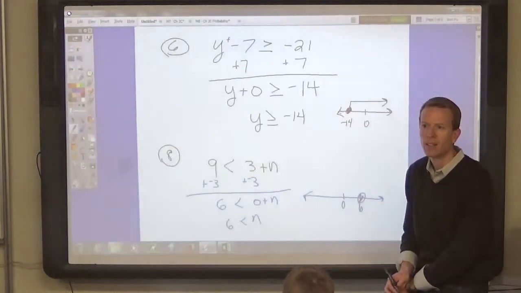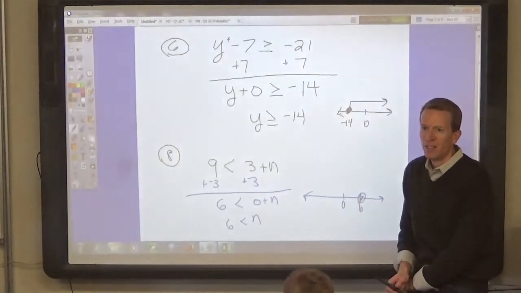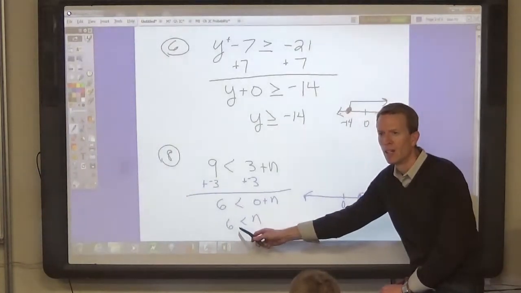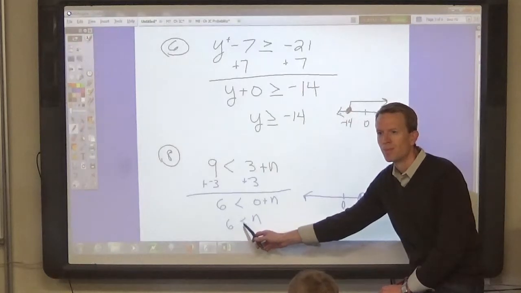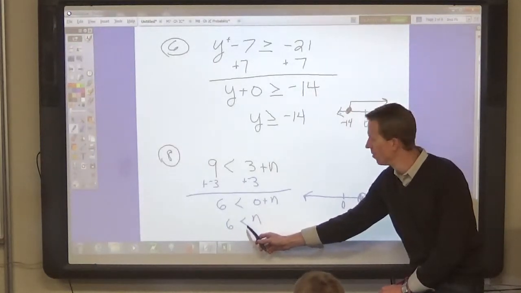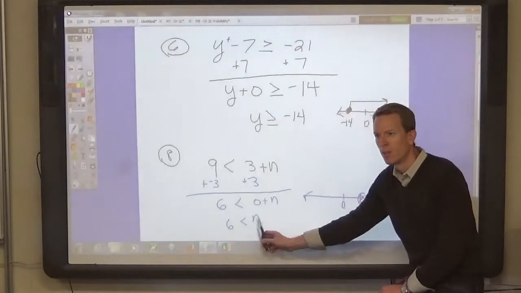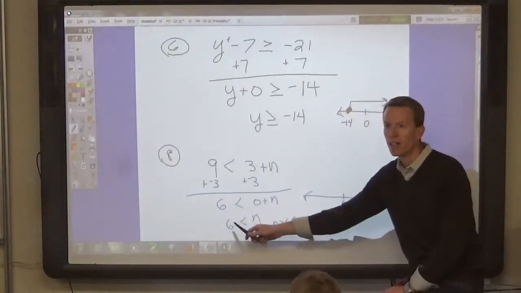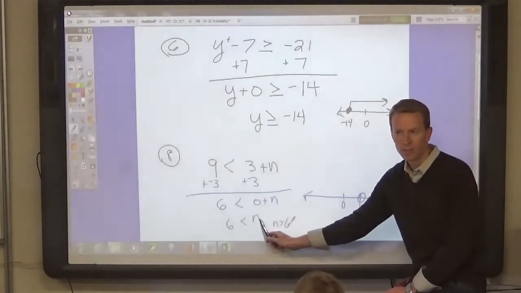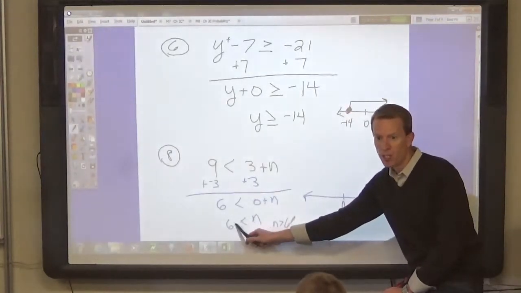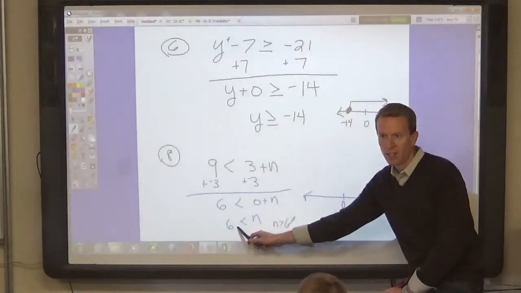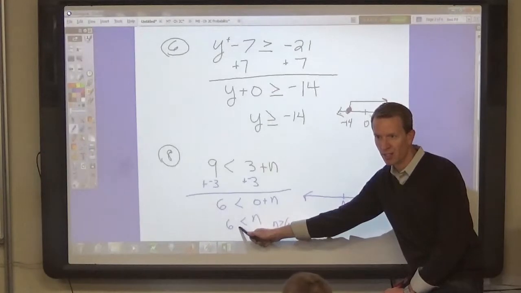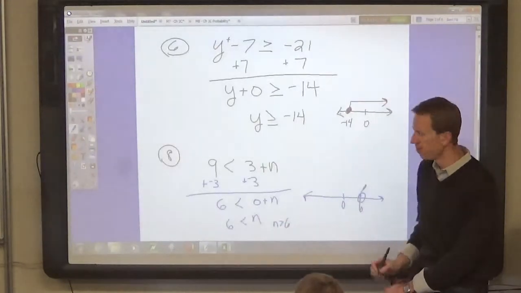Why? Because n is more than 6. Okay, because n is greater than 6. Good. Or when you look at the order that this is written, the number is written first, and so the shading goes the opposite direction as the symbol.